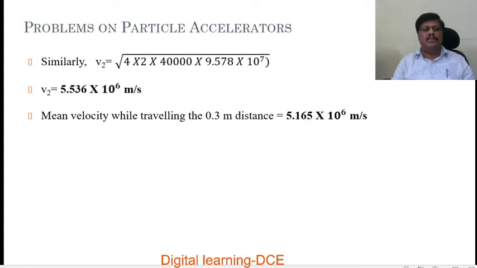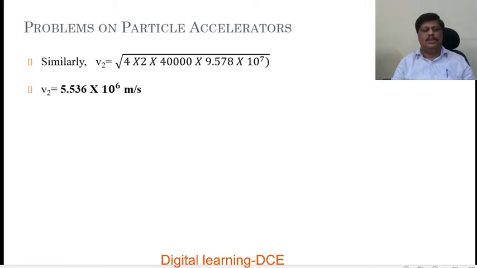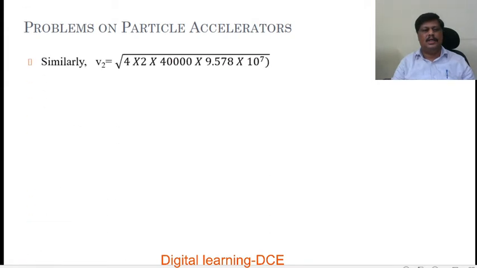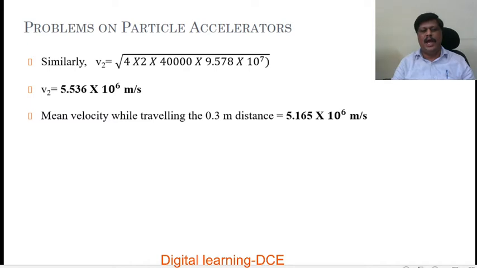So the mean velocity while traveling the 0.3 meter, that is 30 centimeter, is equal to V1 plus V2 divided by 2. So V1 value is 4.794 into 10 power 6 and V2 value is 5.536 into 10 power 6. Add these two and divide by 2, we get the mean value as 5.165 into 10 power 6 meter per second.